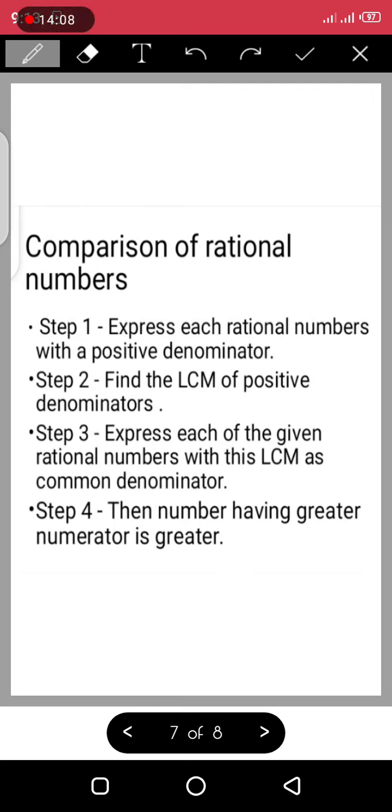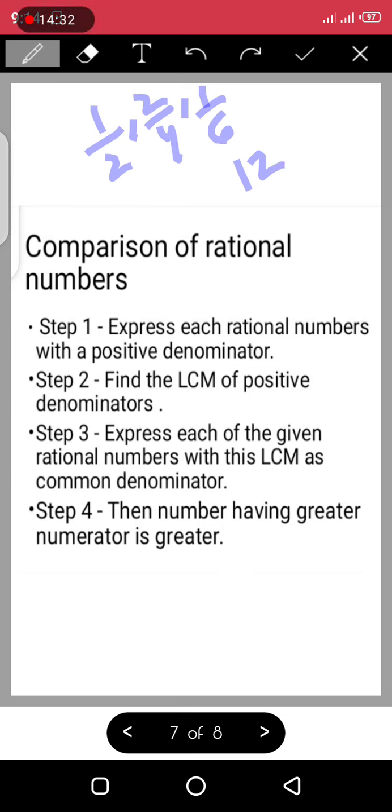Means if we have numbers such as 1 by 2, 2 by 4, 1 by 6, then what will be the LCM of 2, 4, 6? LCM of 2, 4, 6 will be 12. Okay.